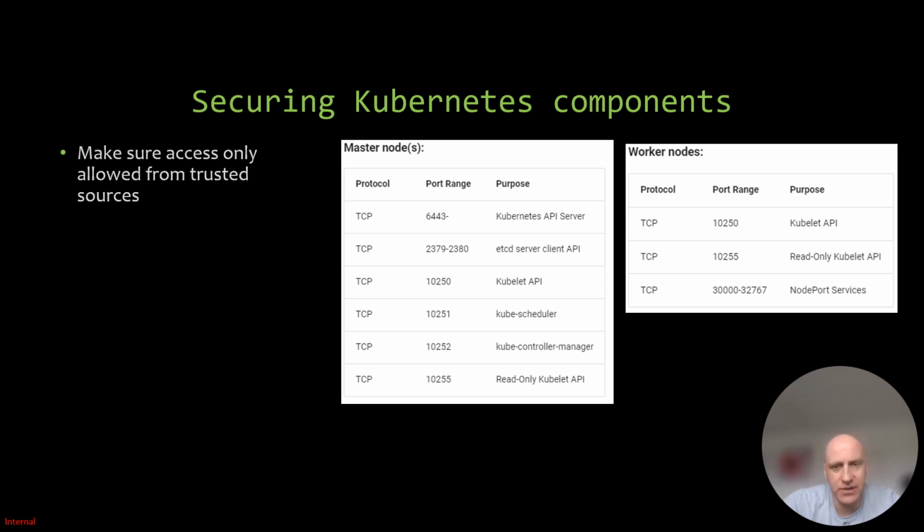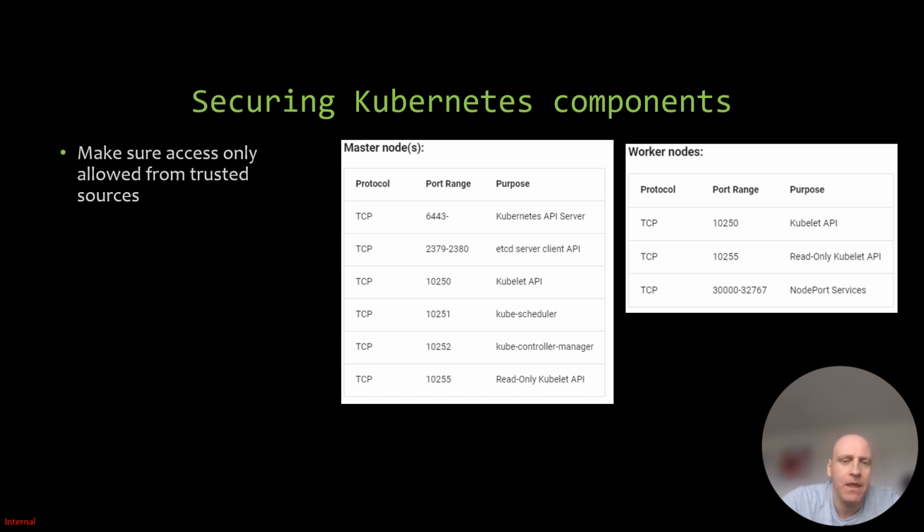As you can see, the Kubernetes API server normally communicates on port 6443. The etcd server client API normally communicates on ports 2379 and 2380. The Kubelet API normally communicates on 10250, and you can see the others: the Kube Scheduler, the Kube Controller Manager, the read-only Kubelet API ports, as well as the worker node ports and how they communicate.